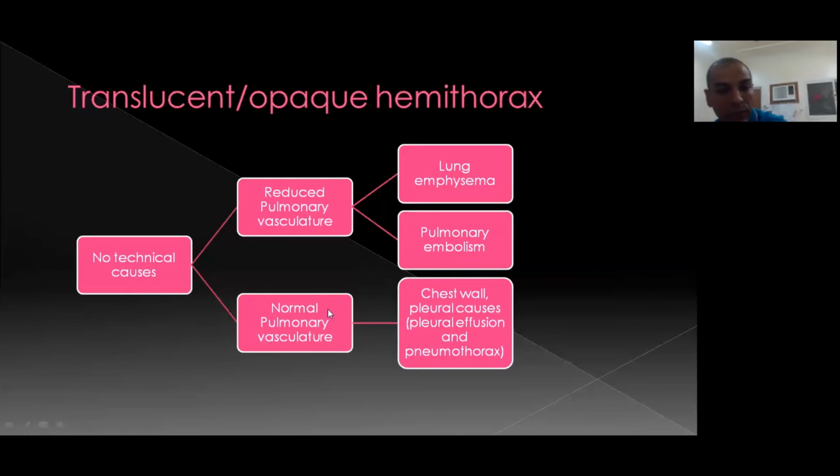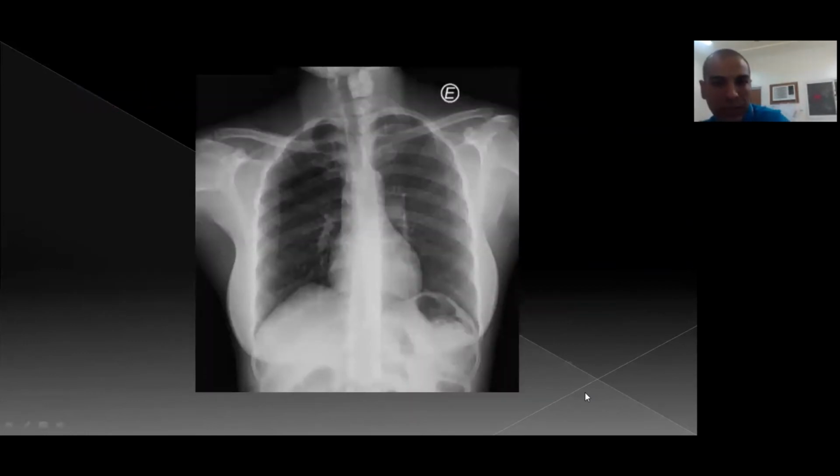If we have normal pulmonary vasculature, away from pulmonary pathology, we have maybe chest wall or pleural causes. Pleural causes may be pneumothorax or pleural effusion, and you may misdiagnose that this one is the opaque hemithorax, but actually the pathology is on the left side, the pleural effusion. Something like this. We can go to the images to be more clear.